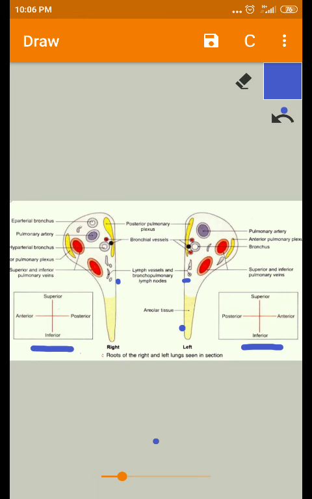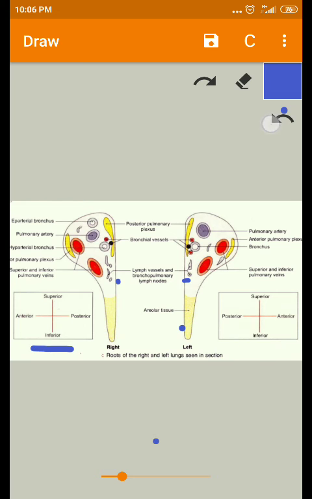To understand it better, you can see these divisions. The upper part is superior, the lower part is inferior, this is the anterior portion, and this is the posterior portion of the right lung. When we come to the left lung, this becomes the anterior and this becomes the posterior, and this is the superior and inferior.